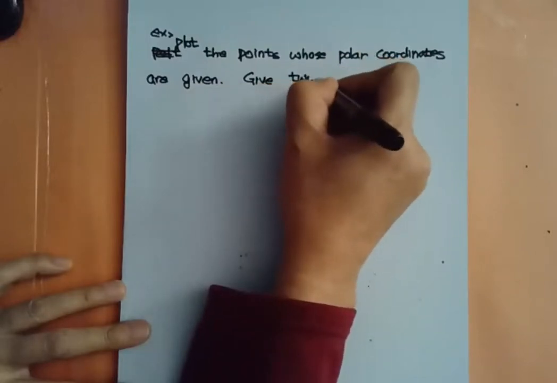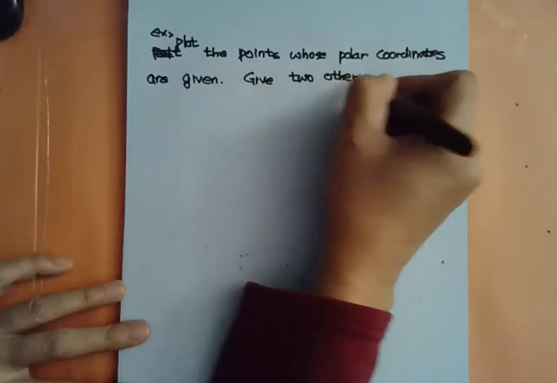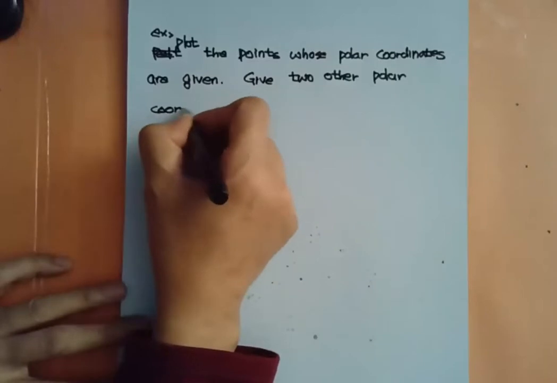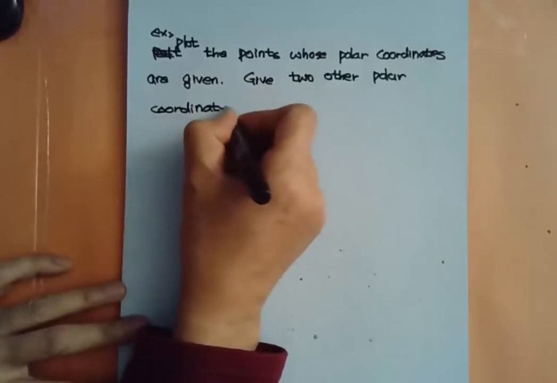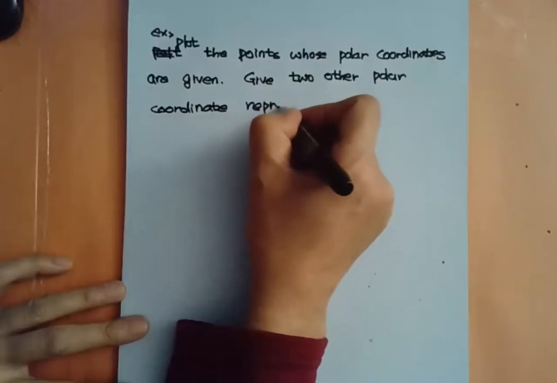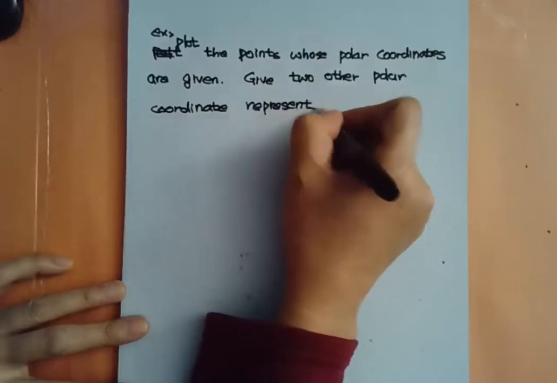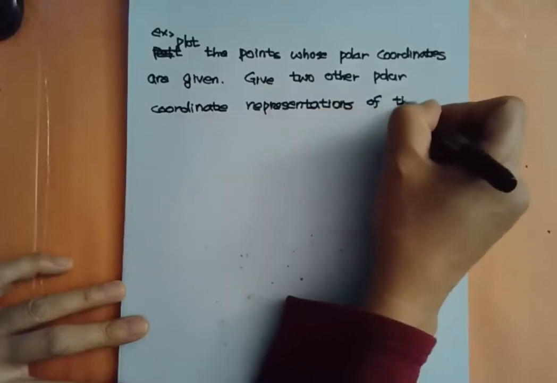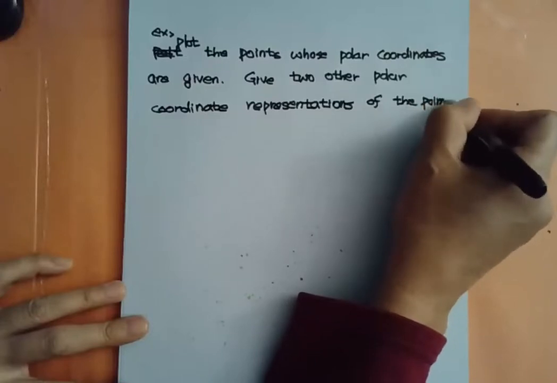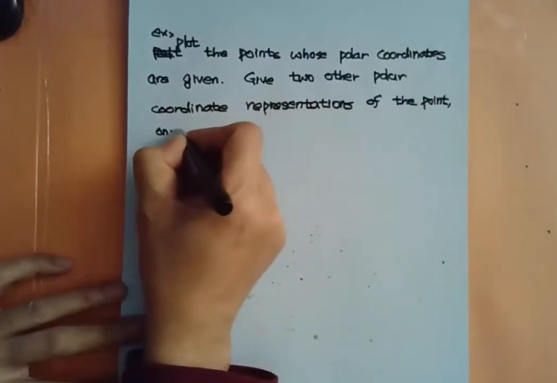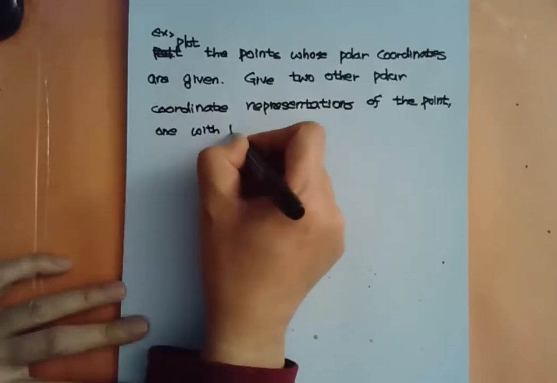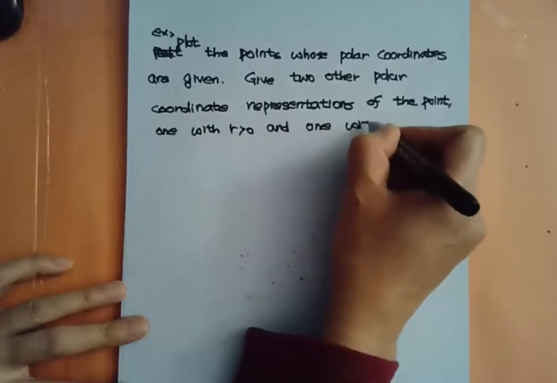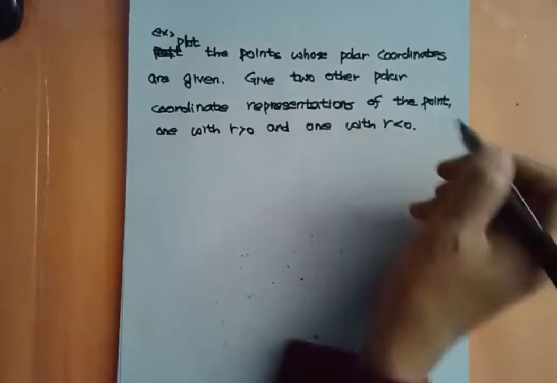Give two other polar coordinate representations of the point, one with r positive and one with r negative.